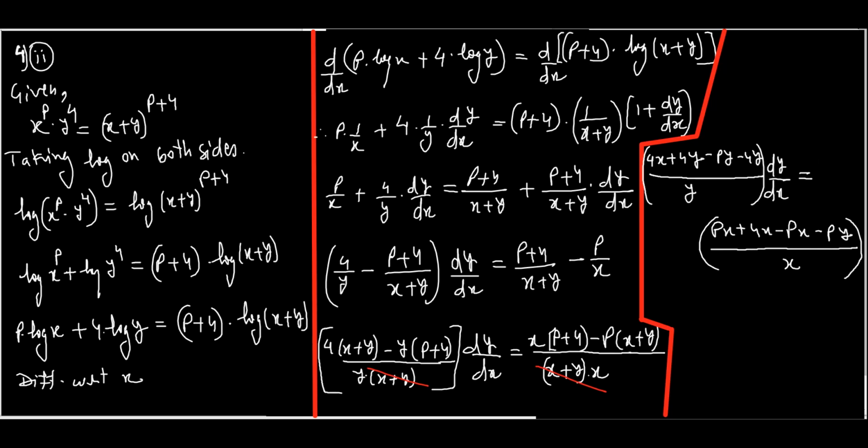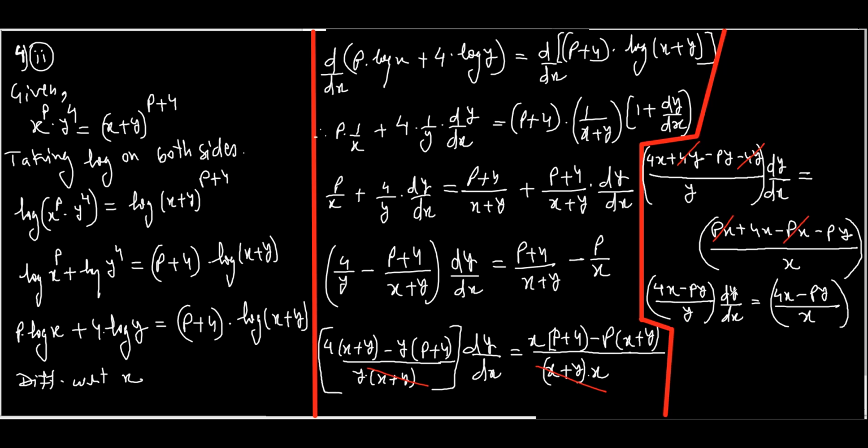On the left hand side in the numerator, this 4y cancels, and on the right hand side in the numerator, this px cancels. So the left hand side will look like 4x minus py upon y dy by dx, and on the right hand side you have 4x minus py upon x.